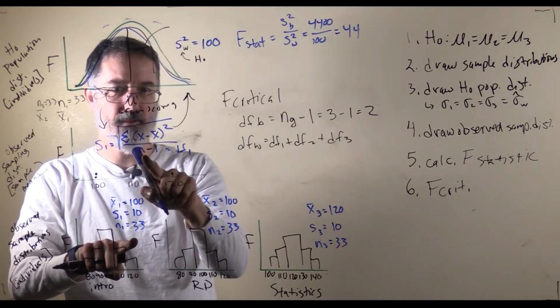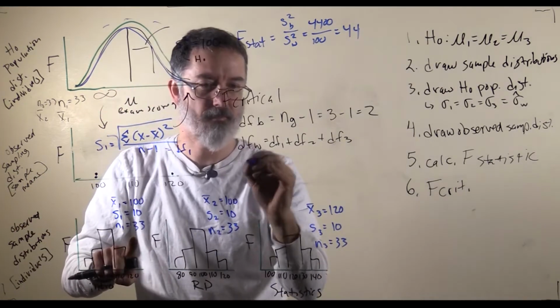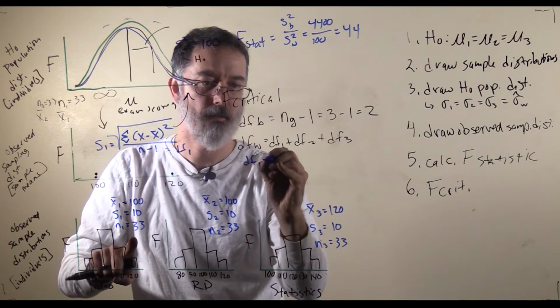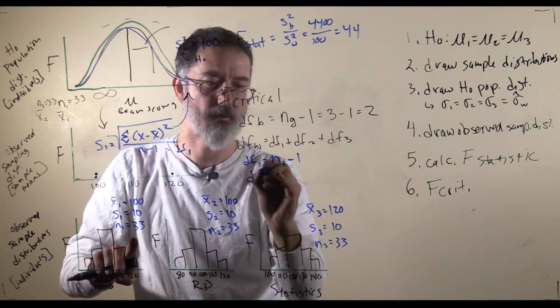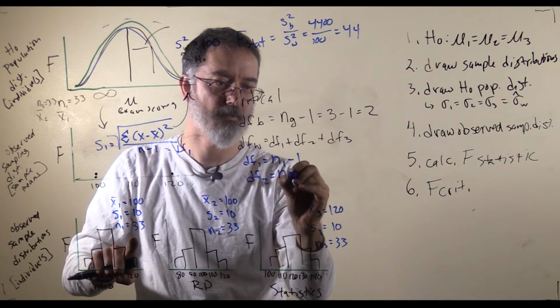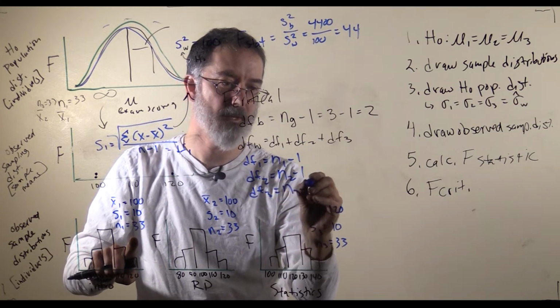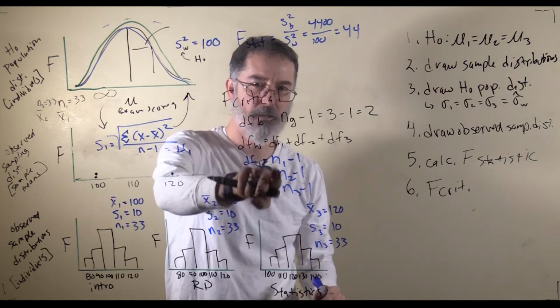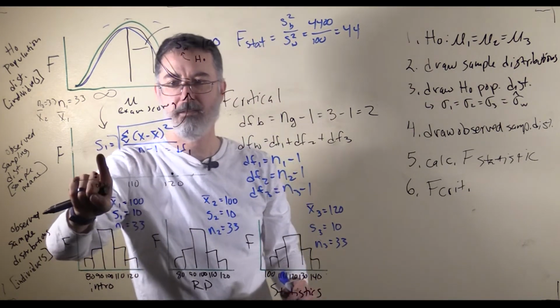So it's the number of individuals in group 1, 33, minus 1. So our degrees of freedom 1 equals the number of participants in group 1 minus 1. Our degrees of freedom 2 equals the number of participants in group 2 minus 1. And our degrees of freedom 3 equals the number of people in group 3 minus 1. Because these were all the degrees of freedom used in the formulas to calculate these standard deviations.